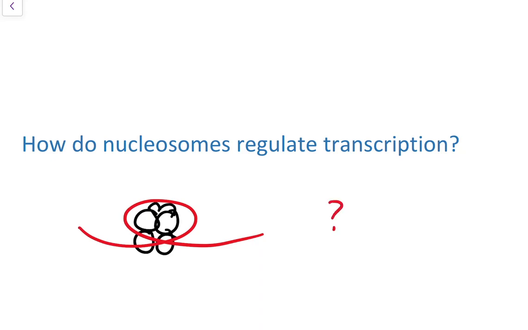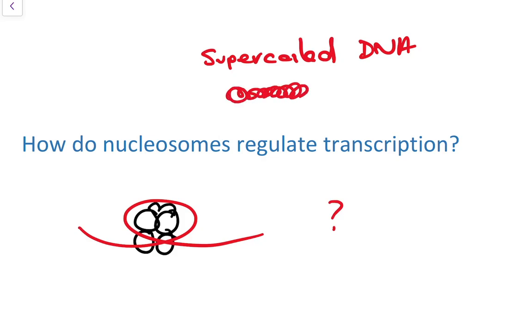So how can they regulate transcription? The first thing is that if we have supercoiled DNA and everything's very tightly coiled up, then we don't get any transcription. So if things are very tightly wound, we don't get any transcription. And so this is a key principle.